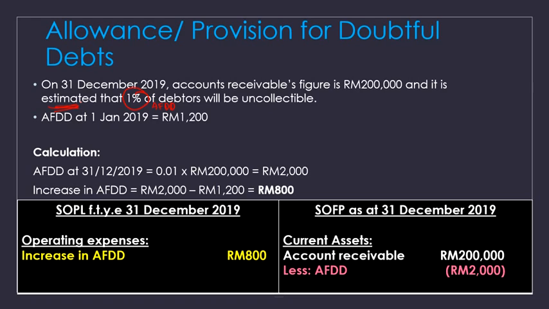So now what we need to find is the closing for allowance for doubtful debt.